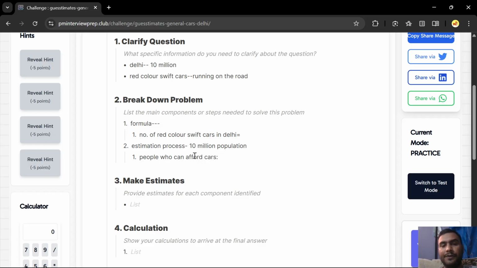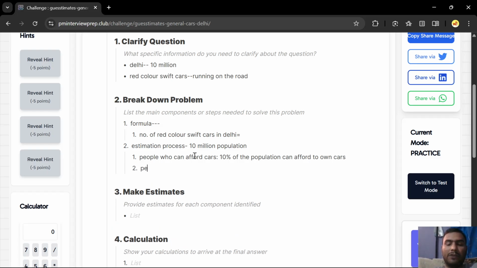I'm just taking an assumption from 10 million, that only 5 to 10% of the population, I'm assuming 10% of the population can own a car, can afford a car.